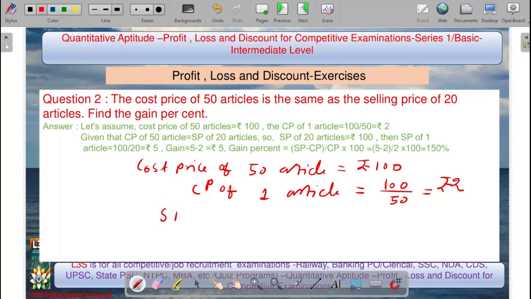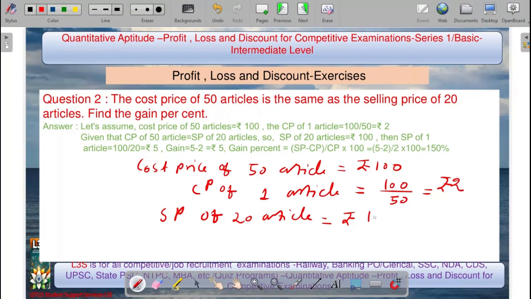Now selling price of 20 articles is equal to what? Selling price of 20 articles is the cost price of 50 articles, which we already assumed rupees 100.